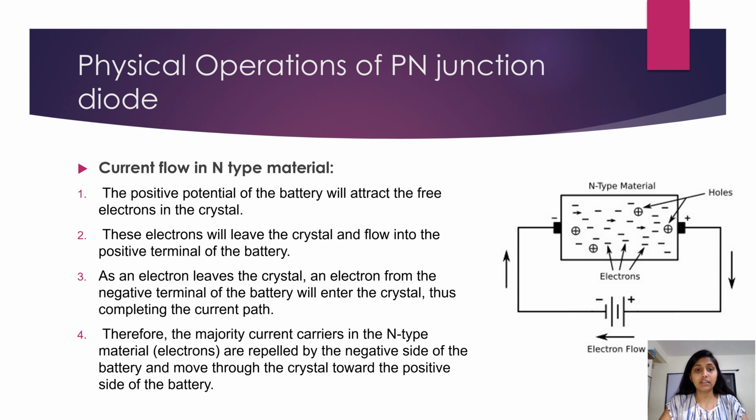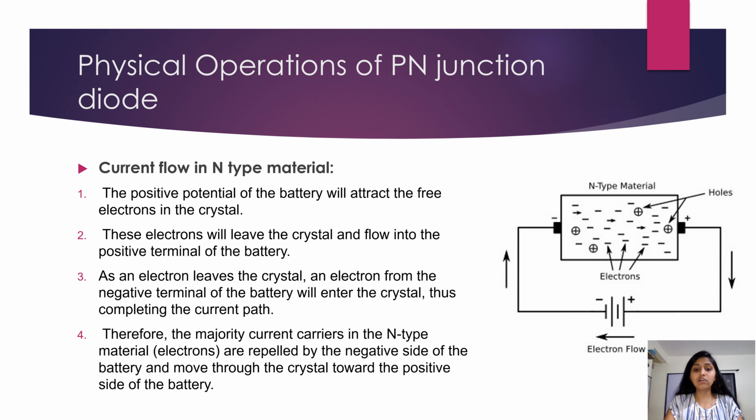Current flow in N-type material. Let us see what happens if we connect a battery across an N-type semiconductor as shown in the figure. Free electrons and holes experience a force towards the battery terminals. The free electrons will tend to move towards the positive terminal of the battery. Holes are also apparently shifted from one covalent bond to another towards the negative terminal of the battery.